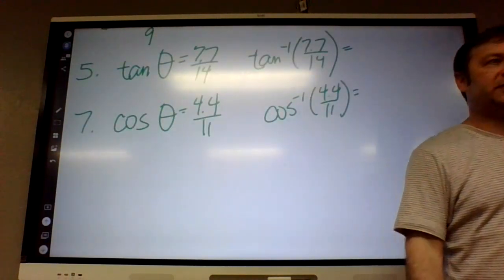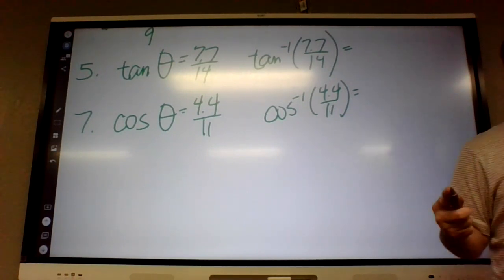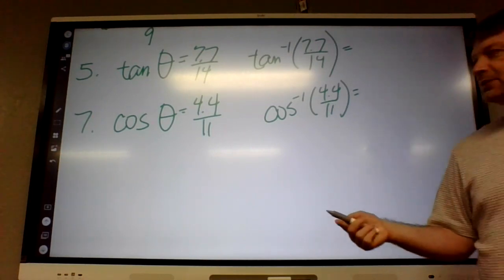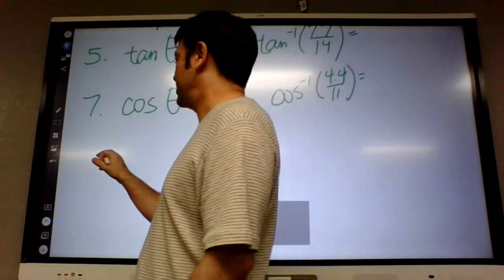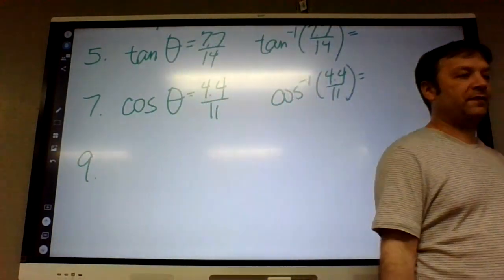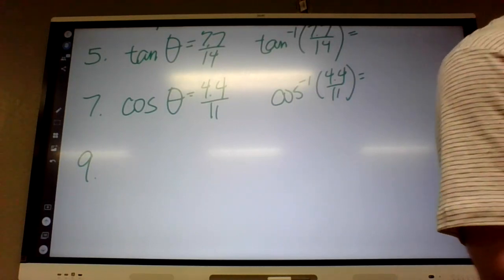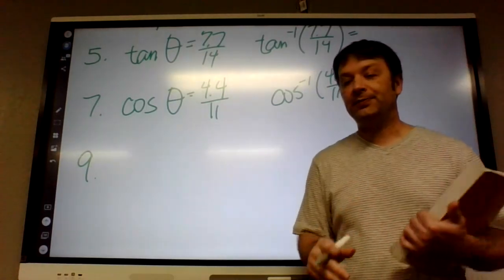What is different on number 9? You'll find the side. Right. We know the angle, we don't know the side. So these work a little bit differently. Ava, relative to the angle 37 degrees, 11 is the what side? You need a side you know already.